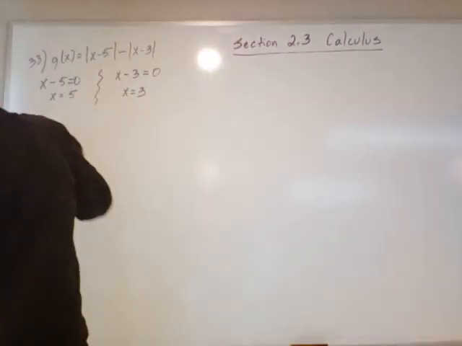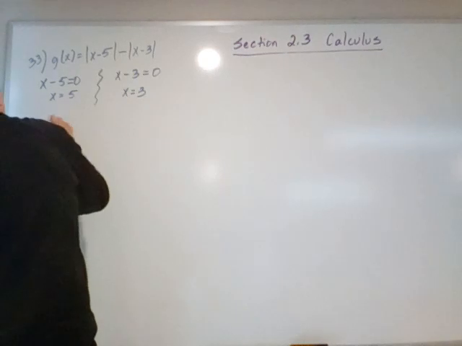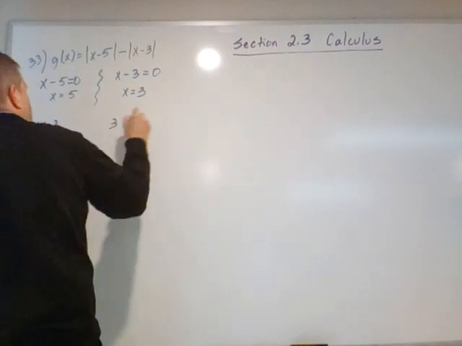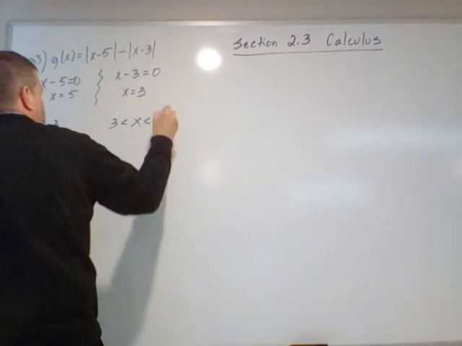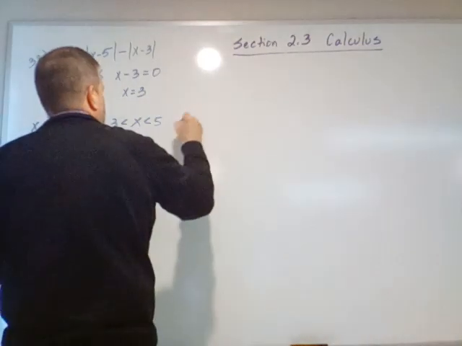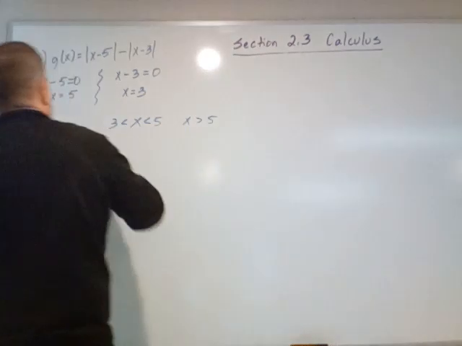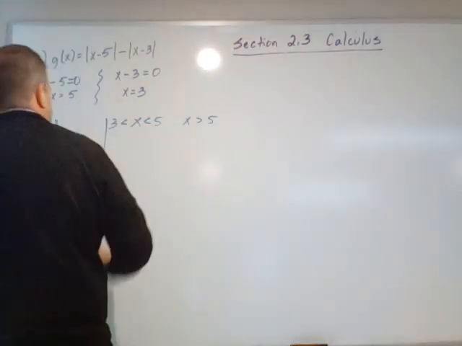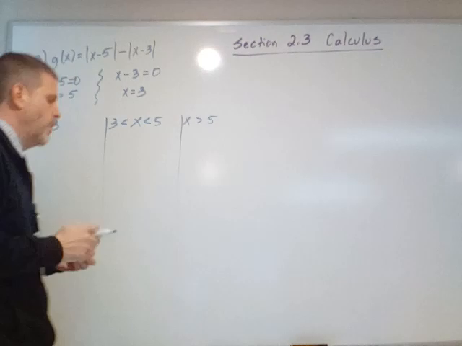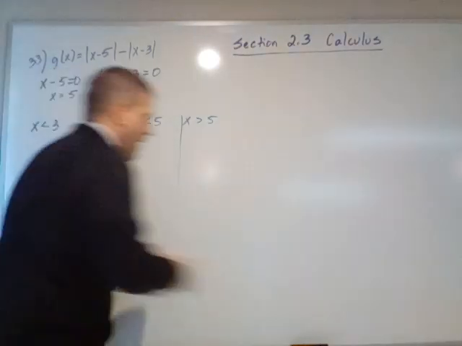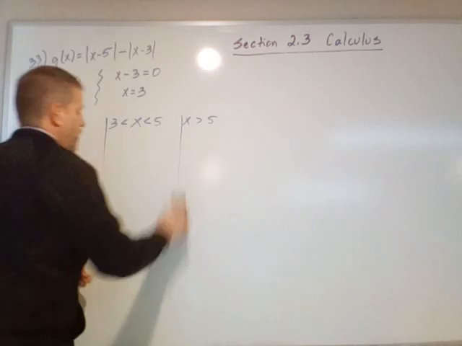So we have x less than 3, we have x greater than 3 but less than 5, and we also have x greater than 5. So now we have three different pieces to worry about for our piecewise linear function.